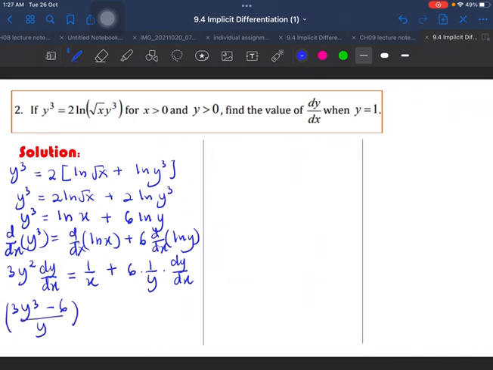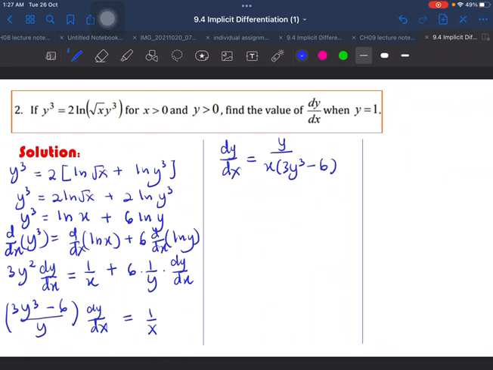Okay, kita jadikan numerator yang sama, kelas. dy over dx equal 1 over x, and then we simplify. dy over dx equal y over x times 3y cube minus 6.